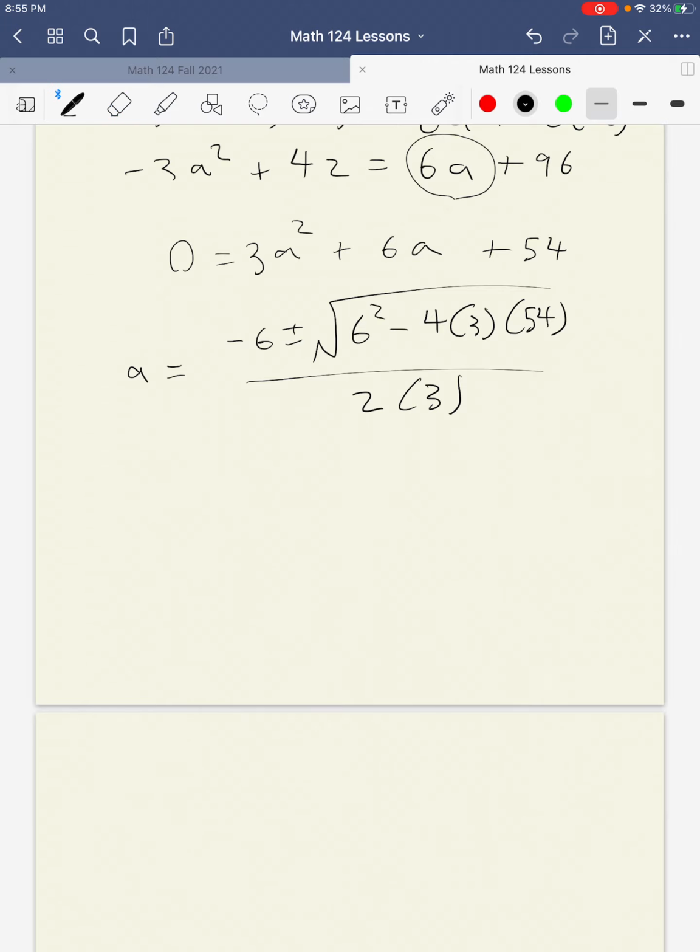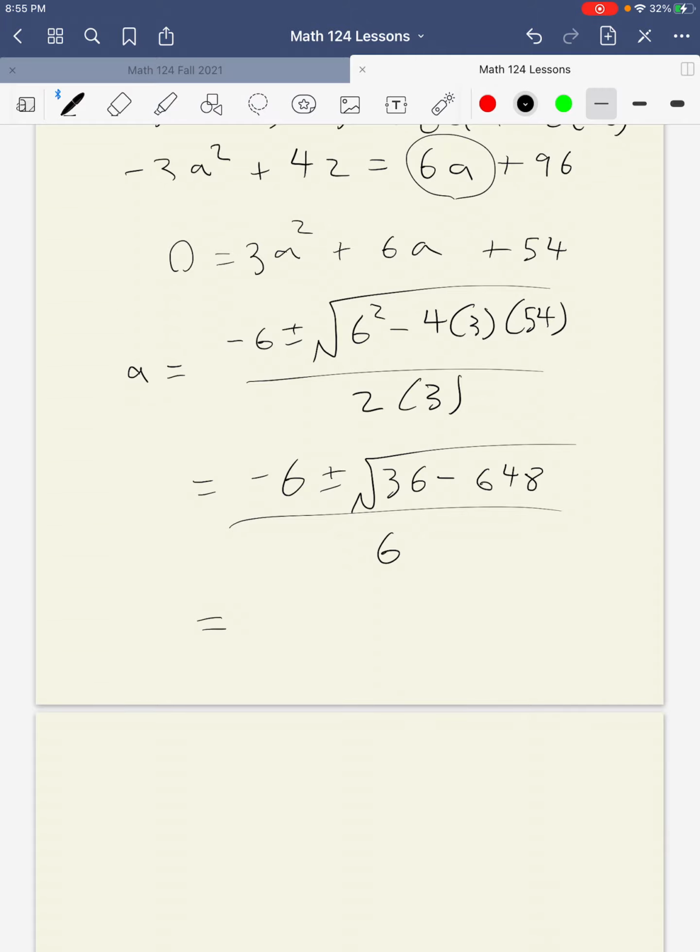Sometimes we cannot factor every quadratic equation. Anyways, negative 6 plus or minus square root of 36 minus 4 times 3 times 54, 648, over 6. So 36 minus 648 is negative 612. So yeah, this was not factorable because we will get a complex solution here.